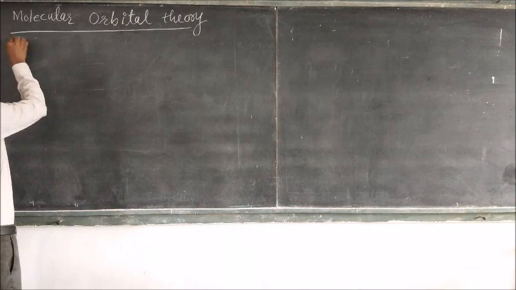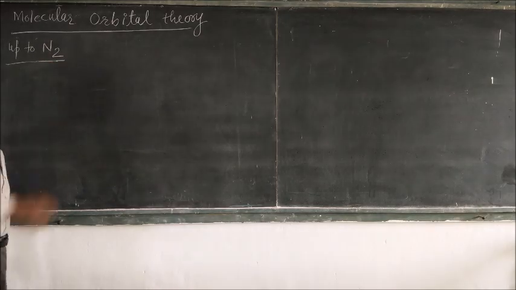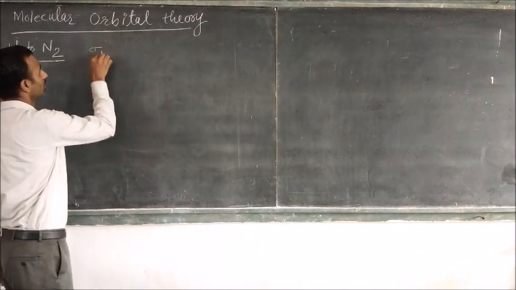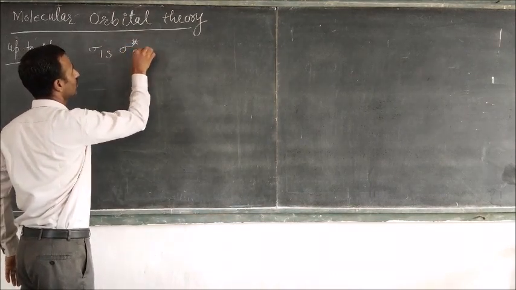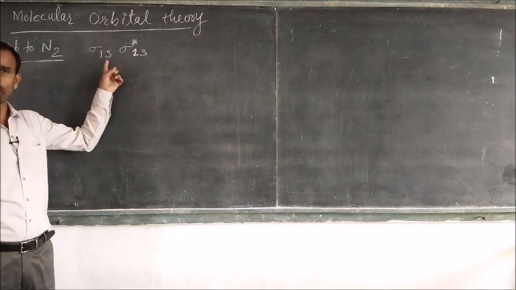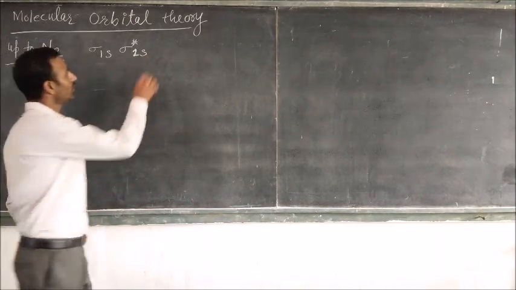Now up to nitrogen, the energy order of the molecular orbitals is sigma 1s, sigma star 1s. Sigma means bonding molecular orbital, and sigma star means anti-bonding molecular orbital.